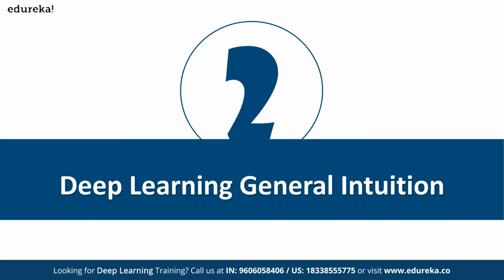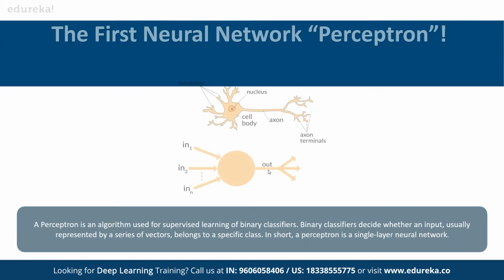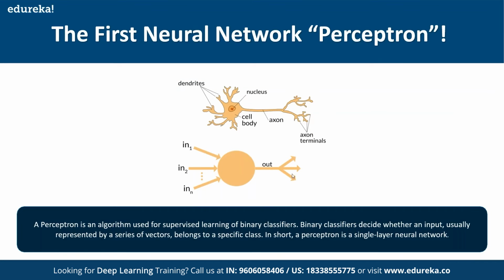To help you compare the single neuron and the single brain cell, let's say we've got a single neuron and this neuron receives multiple inputs. Just like my human brain has the dendrites, I have the input layer through which my neuron receives the input. And just like we've got a nucleus to analyze the information that we receive from the sensory organs, in the same way, we have a perceptron.